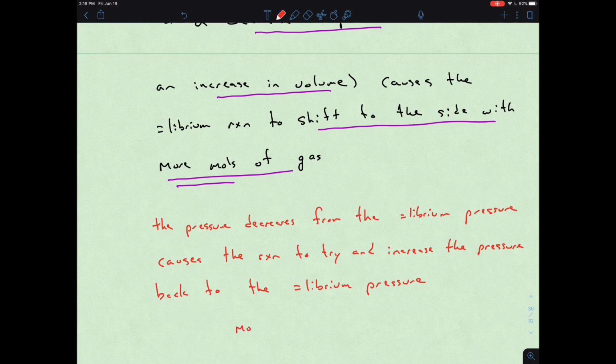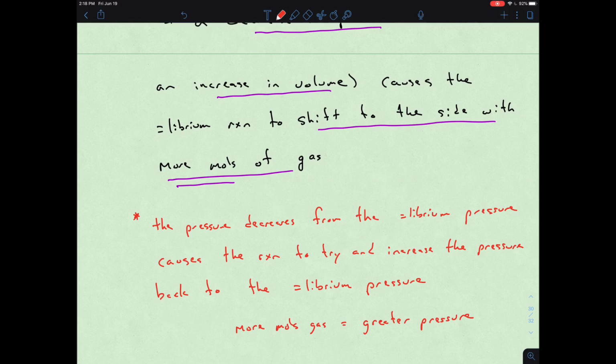And so again, more moles of gas would be greater pressure as a result. So that's our pressure volume stress.